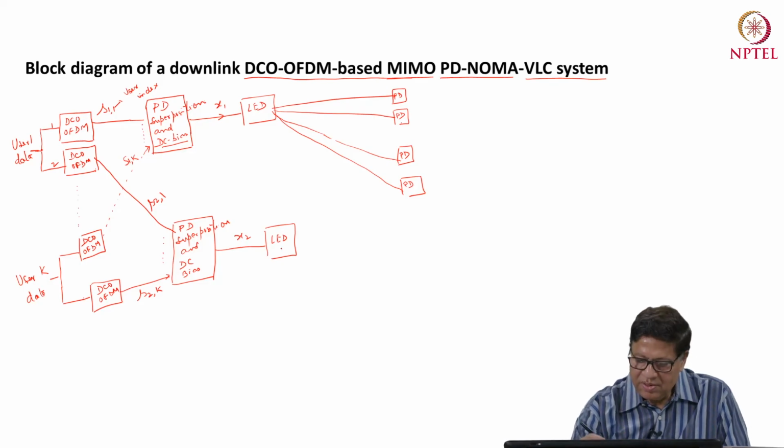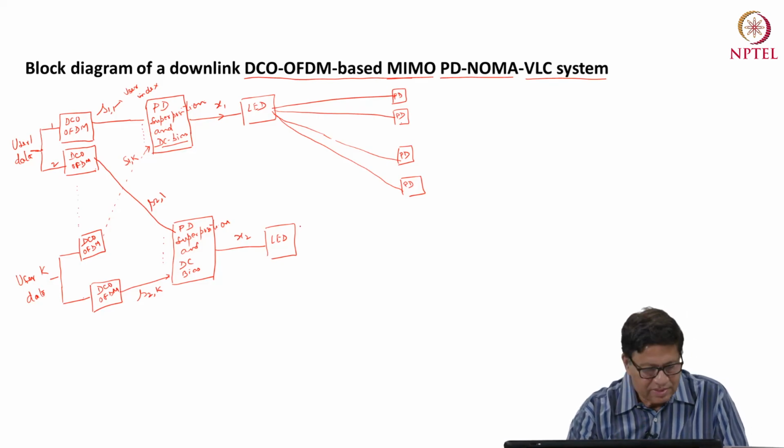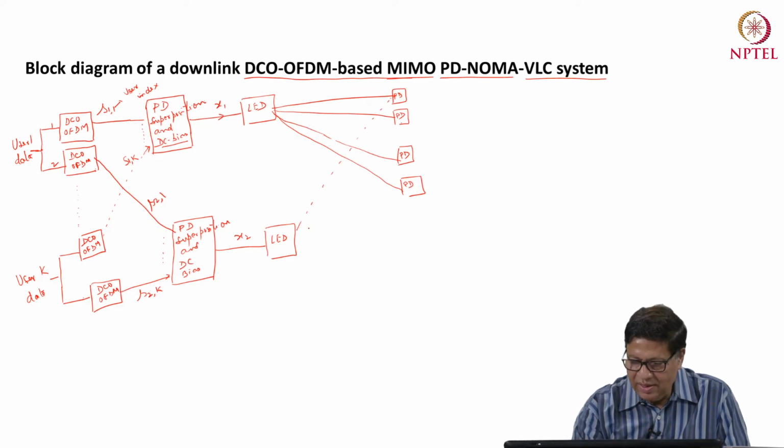And this LED output will also go to these photo detectors. I am denoting this from the kth user, from the second LED, through a dashed line.